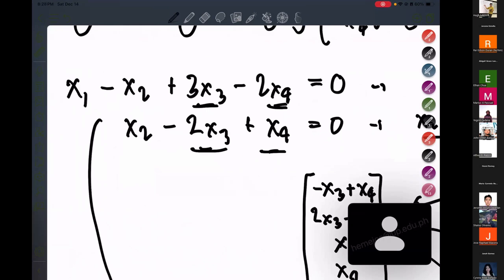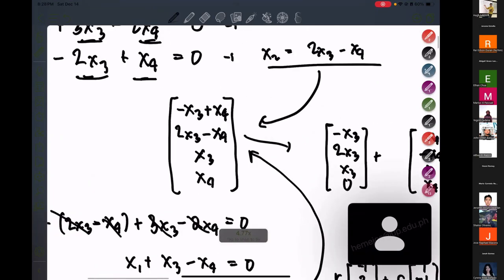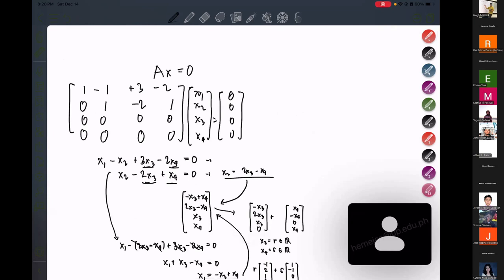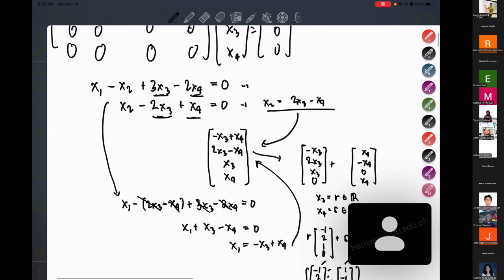That's also fine. The idea lang is you want to end up with only two variables because you know that your null space has two dimensions from yung rank nullity theorem. And then we figured out na the column space has two dimensions. So by that logic, kailangan the null space also has two dimensions. So we wanted it to be isolated in terms of two variables.